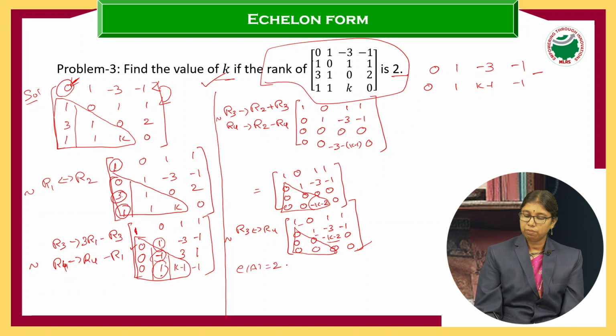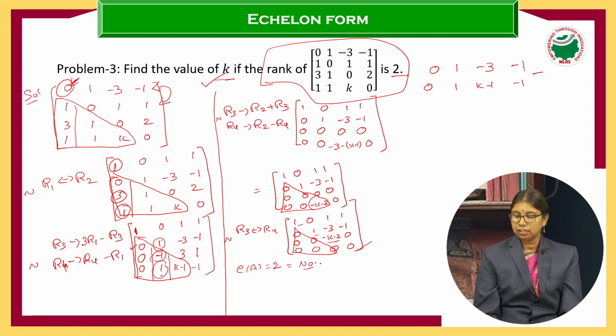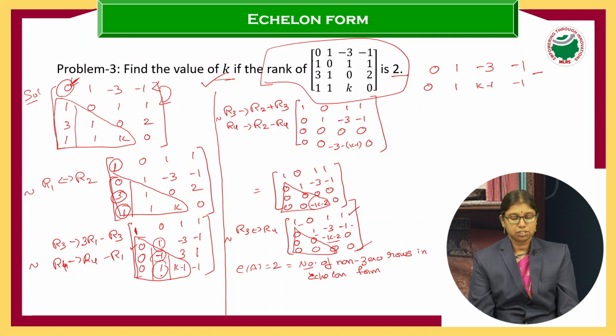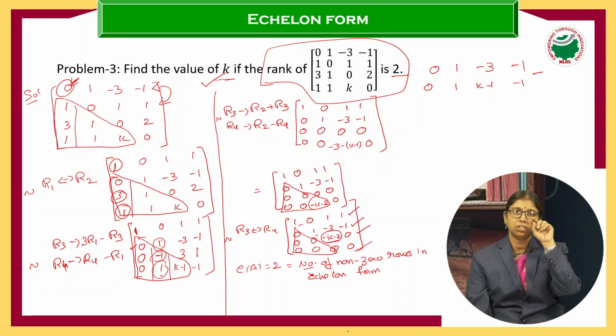Using echelon form, we can take the rank as the number of non-zero rows in echelon form. So if your above matrix is in echelon form, then we need only 2 non-zero rows. But how many non-zero rows do I have here? First row, second row. In the third row also, due to this minus k minus 2, I got 3 non-zero rows.